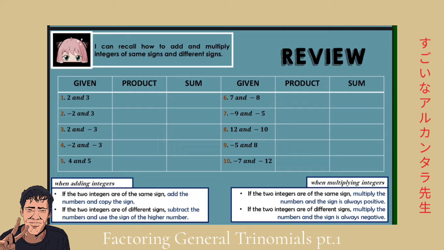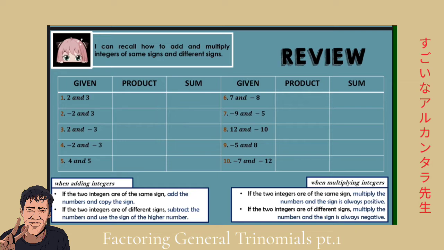It's important for you to review this skill because this will help you not just in grade 8, but as you move forward. You're going to have this also in some skills in real life, like integers. It's really important for you to remember how to do this. And I also have those details below the screen. You have the rules when adding integers and when multiplying.